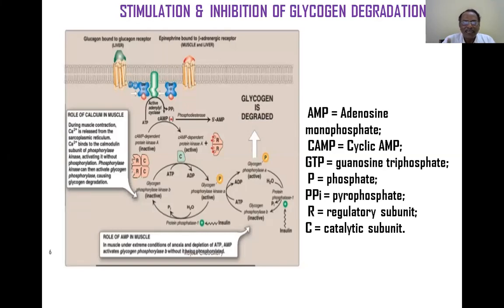For this purpose the enzyme is glycogen phosphorylase. The phosphate addition by the activated kinases activates glycogen phosphorylase, so glycogen is broken down and glucose is produced.